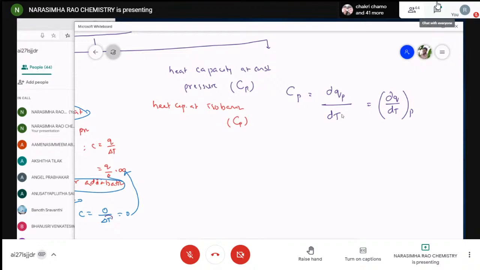Now Cp is equal to, as we already know, the change in enthalpy, meaning the heat change at constant pressure, is called the enthalpy change. Later you will learn this. So Cp is equal to dH by dT. Now dH is equal to Cp dT.